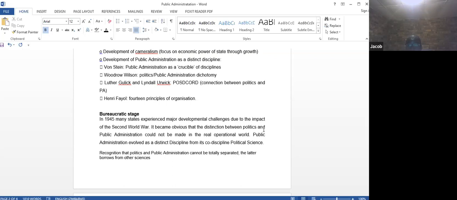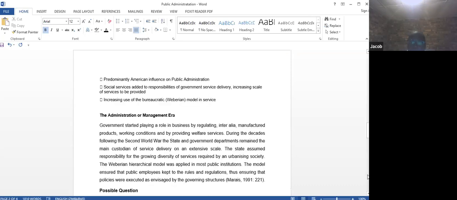Even though the idea of bureaucracy was discussed by Max Weber, I think in the 1880s, they started to bring this same idea again post 1945. They thought the bureaucratic stage, the idea that was proposed by Max Weber, was effective. So it was now being promoted by America, because it was the one influencing this bureaucratic stage.